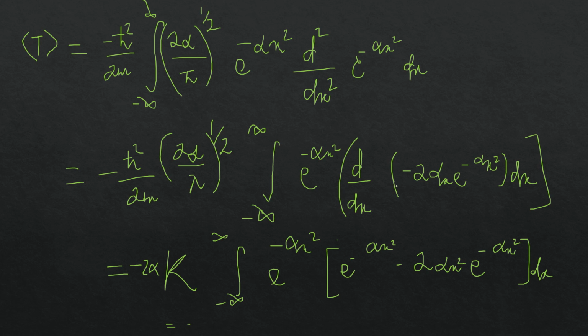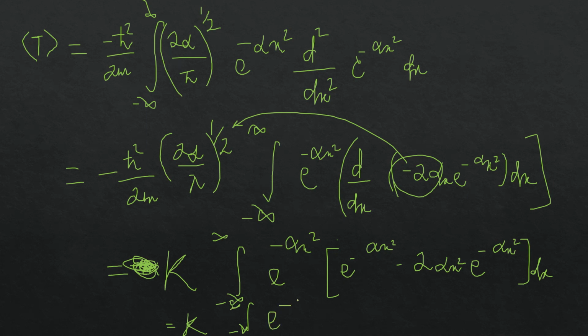See, I took this minus 2 alpha outside and wrote the whole thing as k. Okay, got it. Now this is your k, minus infinity to infinity e to the power minus 2 alpha x square, 1 minus 2 alpha x square dx.